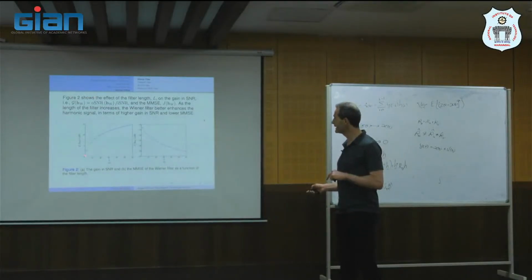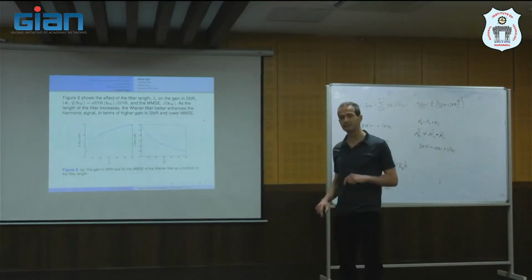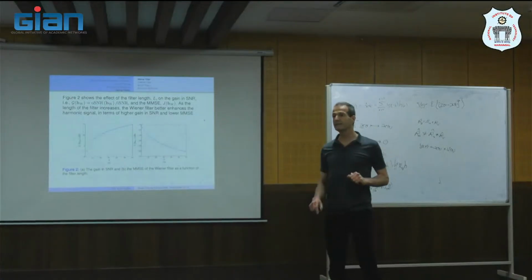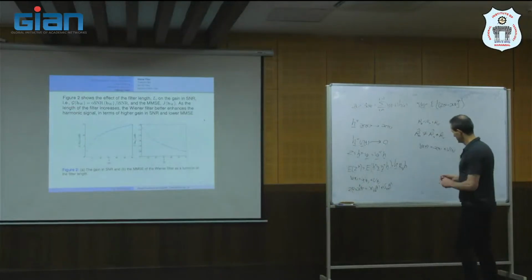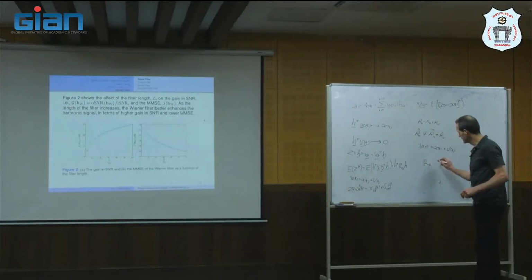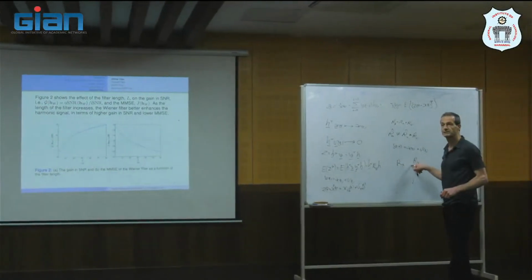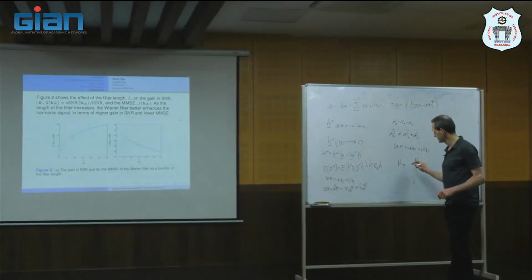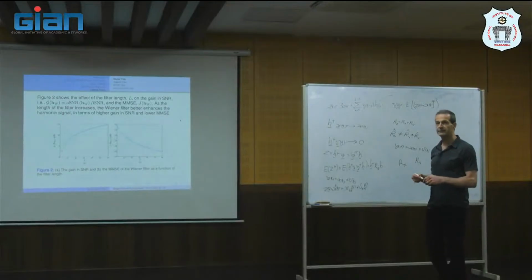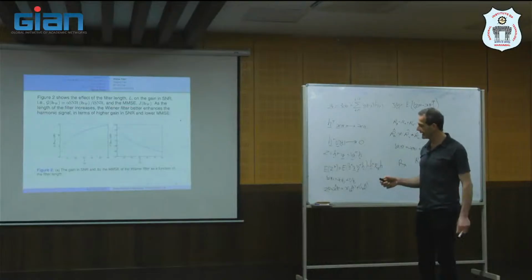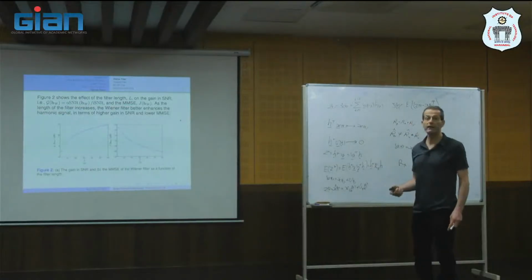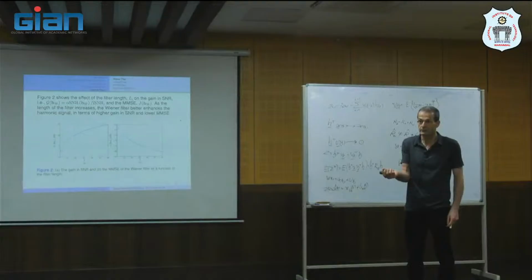So why do we get here improved performance, gain in SNR and MMSE? The main reason is that we used Rx and Rv. We used the true matrices. Because these are the true matrices, when we increase L, we have more information.